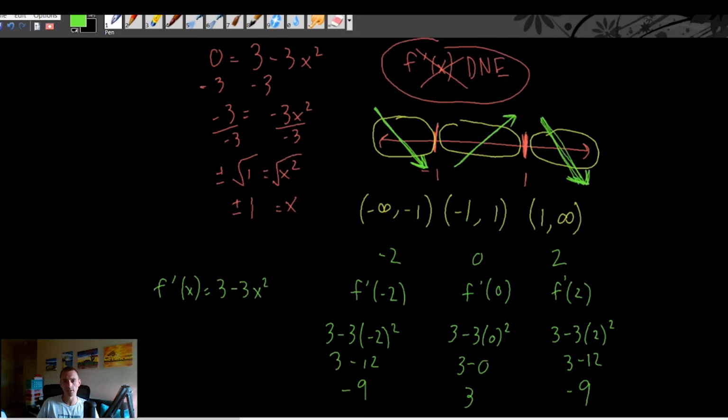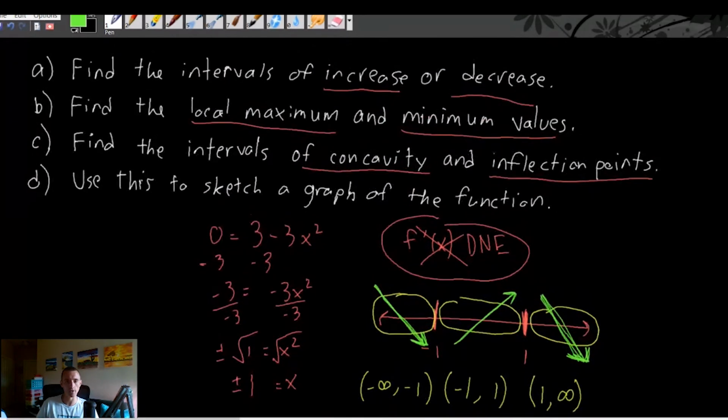So what that tells us is we have 3 intervals of increase or decrease. We have an interval of increase from -1 to 1. f is increasing from -1 to 1. And we have an interval of decrease from -infinity to -1 and from 1 to infinity.